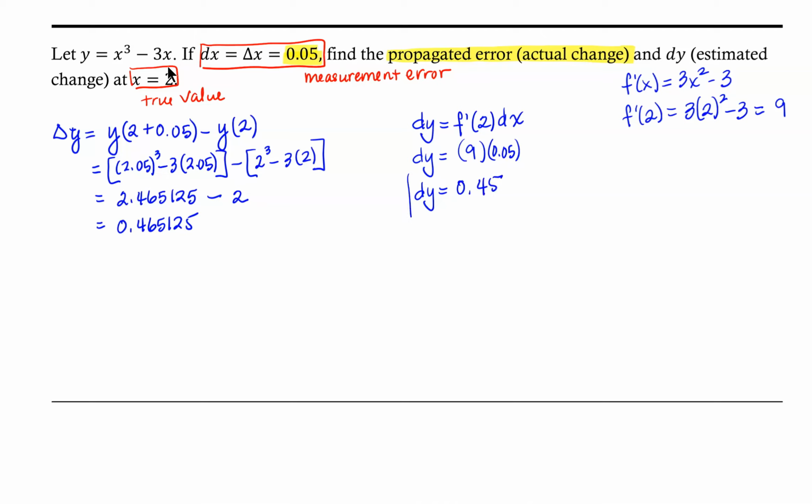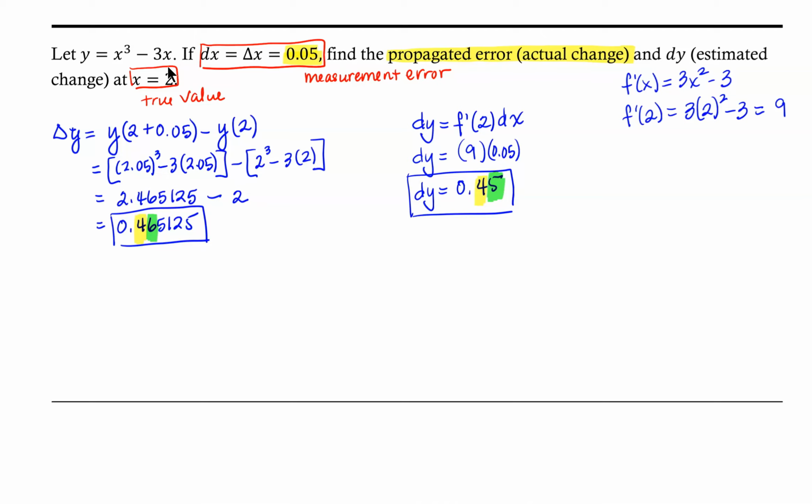So our dy is equal to 0.45. So comparing these two values, notice that they do agree in the first decimal place, 4/10, and they're somewhat close in the second decimal place, the true value having 6/100, while the estimated value being 5/100 in the second decimal place.